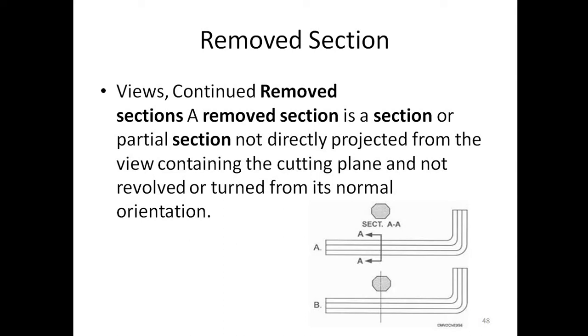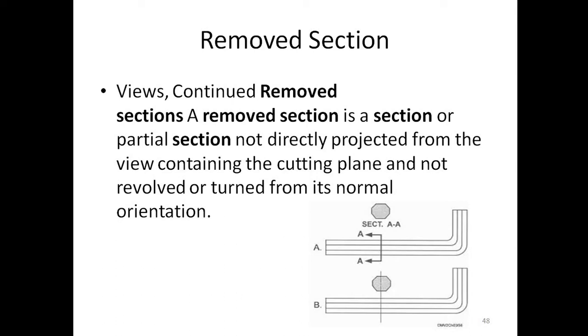Considering the same example of the Allen key octagonal, when the section is cut at AA, how it looks, or that section AA is drawn on the other side, anywhere nearby that figure. Considering example B, when it is cut, the section remains the same.